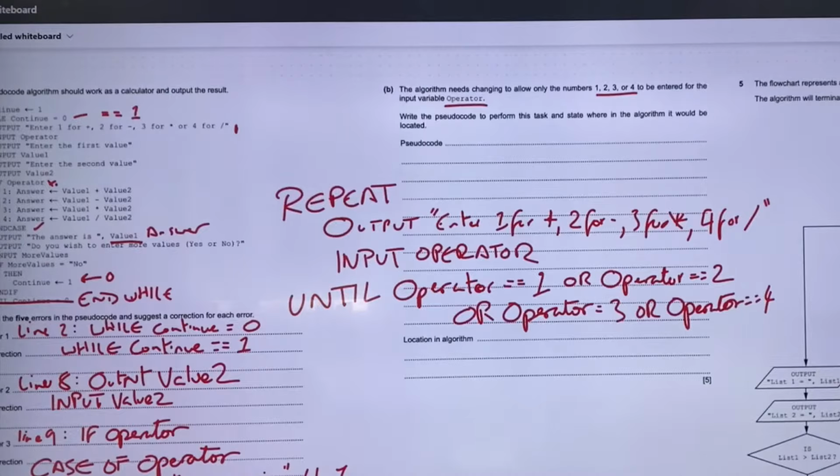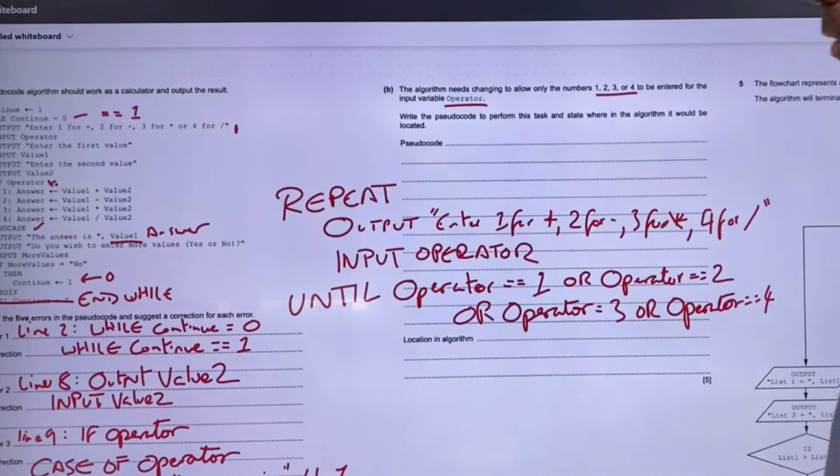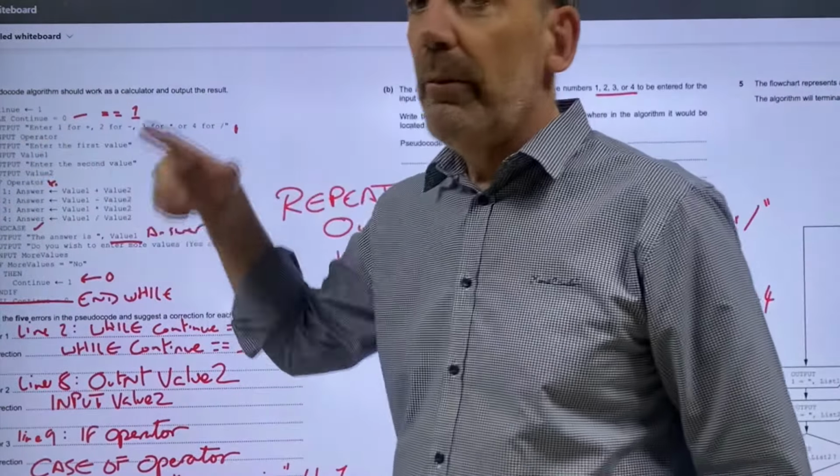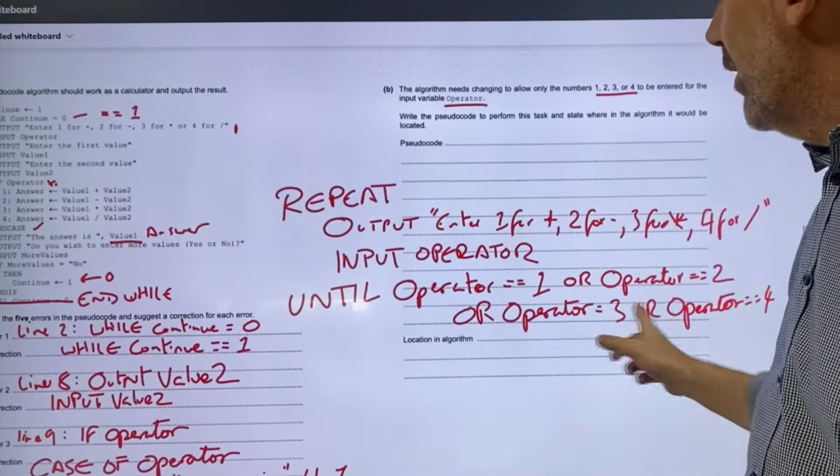Okay, so that will give me it. So I'm just going to do a repeat until. So I've got to loop this part of the program around. That's my validation based on 1, 2, 3, or 4.